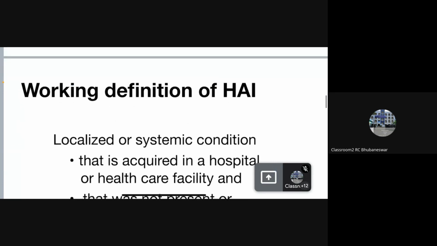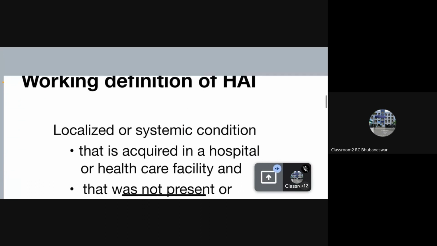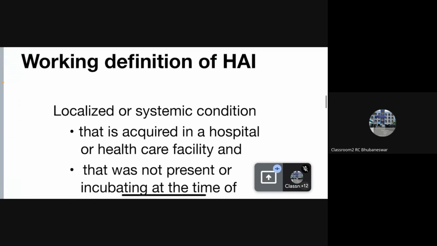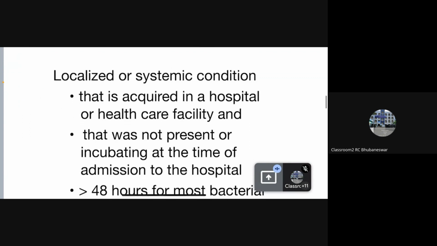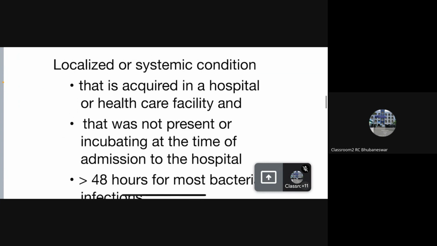So if we look at the working definition of HAI, that is a healthcare associated infection, or nosocomial, what is the working definition? It could be a localized or systemic condition that is acquired in a hospital or healthcare facility, and that was not present or incubating at the time of admission to the hospital, more than 48 hours for most bacterial infections.